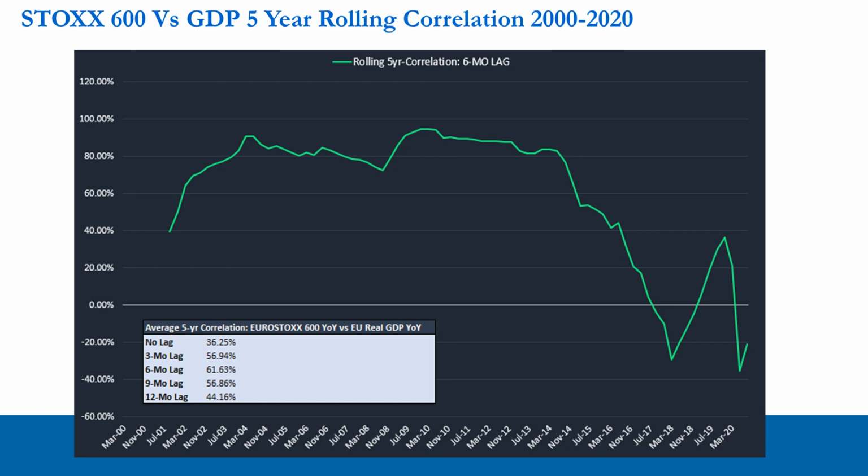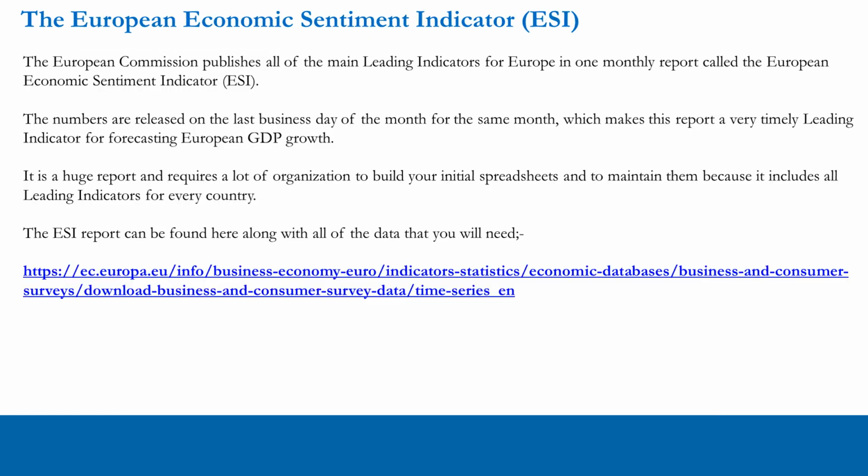Now, how does the ESI, the European Economic Sentiment Indicator, fit into all of this? Well, the European Commission publishes all of the main leading indicators for Europe in one monthly report.